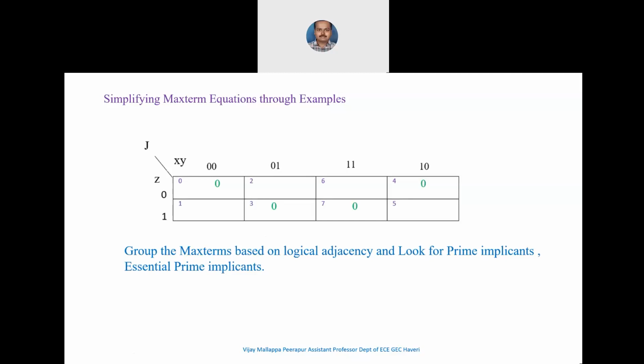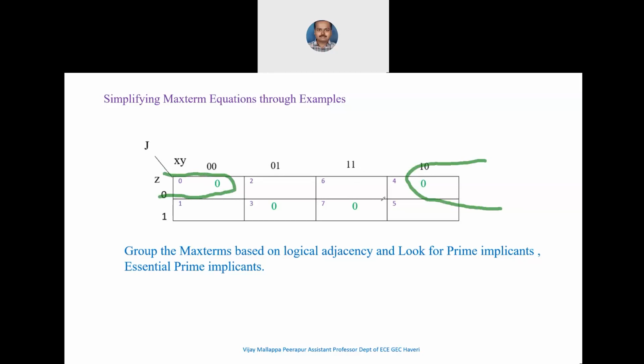Logical adjacency, we know that, right? How do you group this one now? Since we studied the max term before, what do we have? These zeros are logically adjacent because there is only one variable change between these two, right? We have 0, 0 and 1, 0.